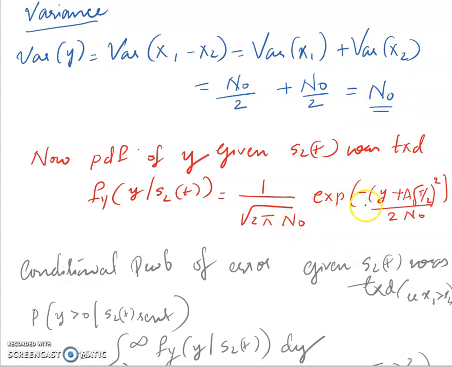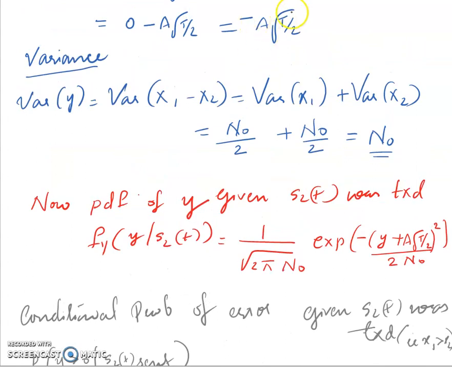Substitute N0, e raised to minus of x minus mean whole square, where the variable x is y. So, y minus the mean. Mean is minus root E by 2. So, minus of minus is plus root E by 2, the whole square divided by 2 sigma square. Here sigma square, the variance, is N0. Substitute for mean and variance in the Gaussian PDF, and you will get this expression.